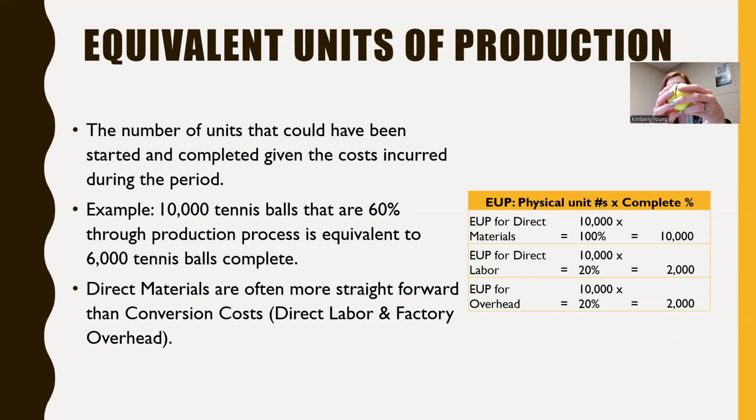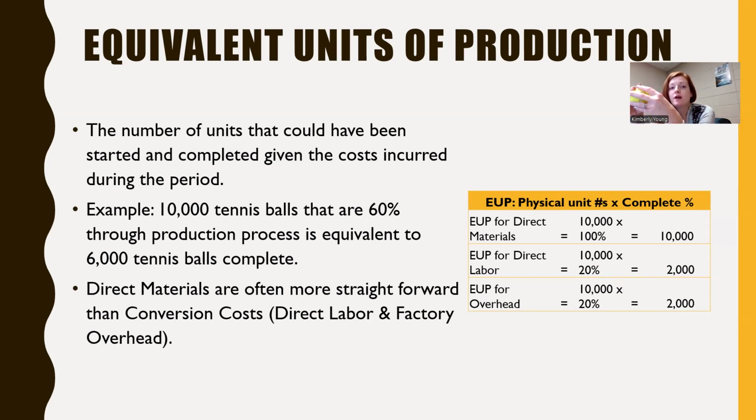It's ready to go for this tennis ball, but it doesn't mean it's completely put together yet. It doesn't mean that the hands on it, that direct labor, is finished. It doesn't mean we're finished using the machines for indirect materials or factory overhead. It doesn't mean that all of the costs to have this as a finished good are done.